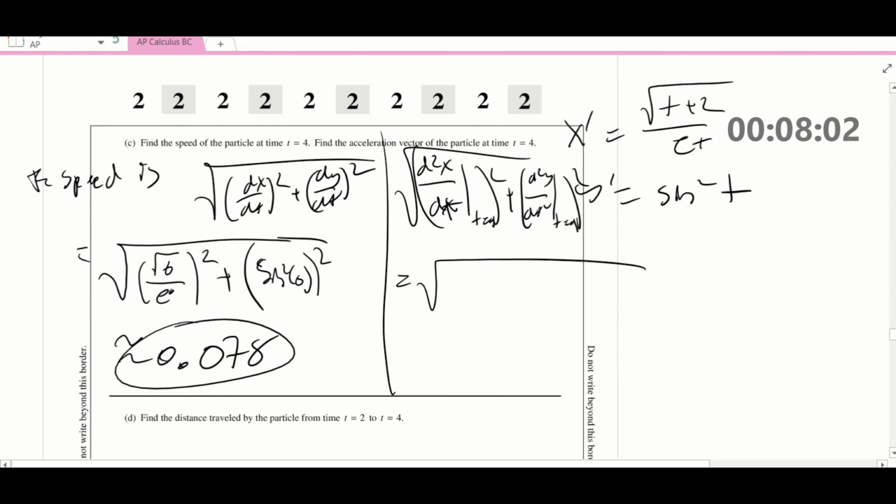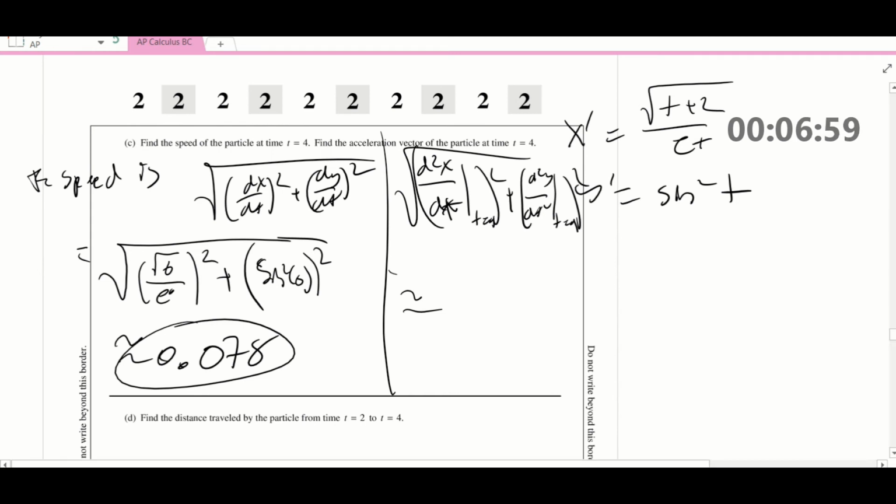Well, now we just use a calculator here. So it's approximately equal to the square root of the derivative with respect to x of the square root of x plus 2 divided by e to the power of x, when x equals 6, squared, plus the derivative with respect to x of sine of x squared when x equals 6, squared.